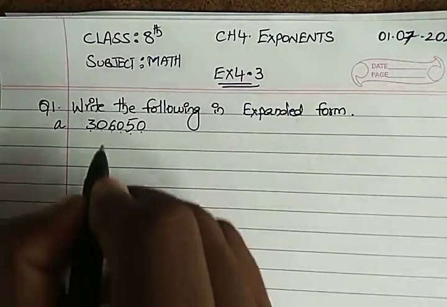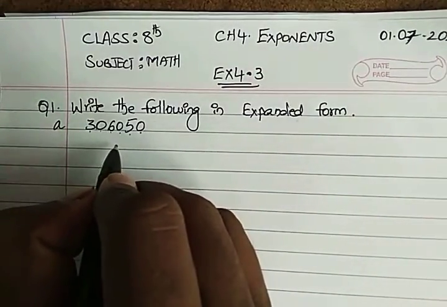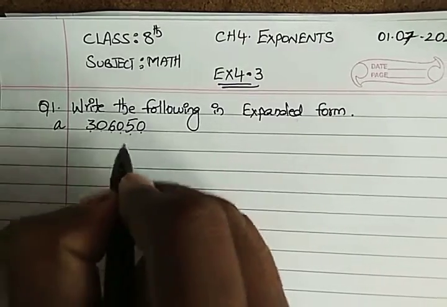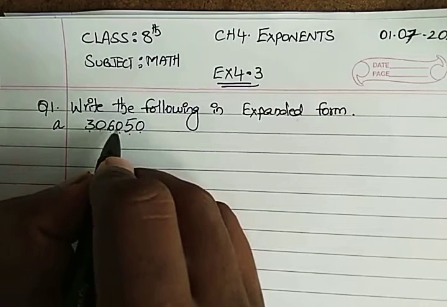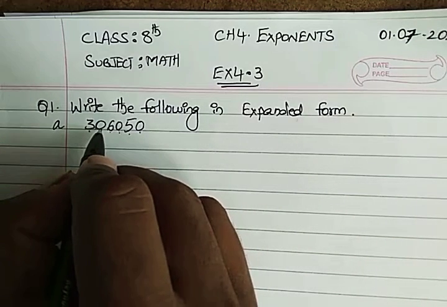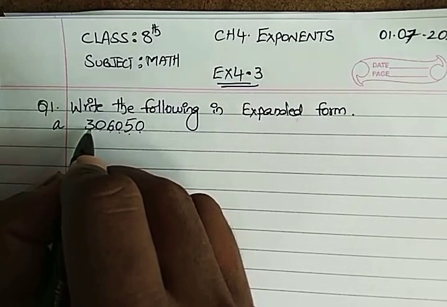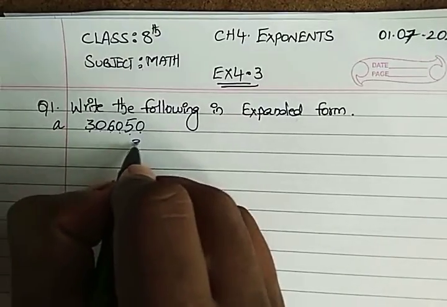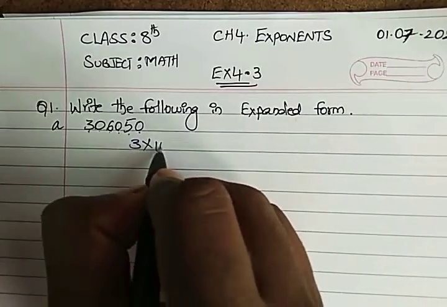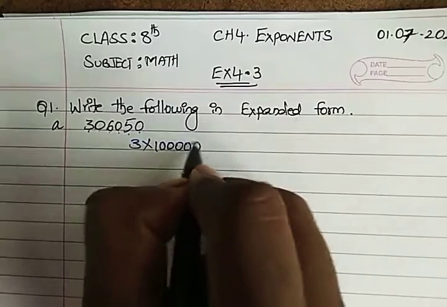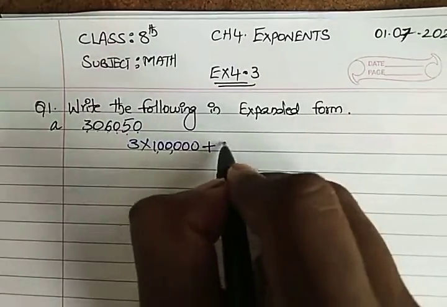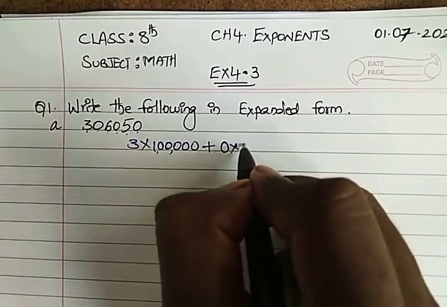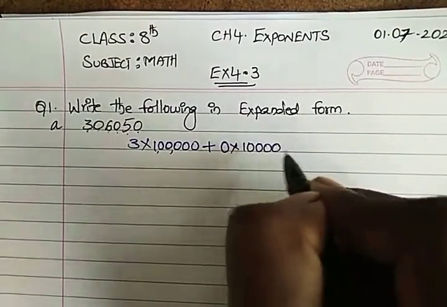So expanded form means first we will decide the places of each digit. 3 is in the lakhs position. So we will write it as 3 into lakh, which means how many zeros? 5 zeros. Plus 0 is in 10,000 place, so we will write 10,000 here.